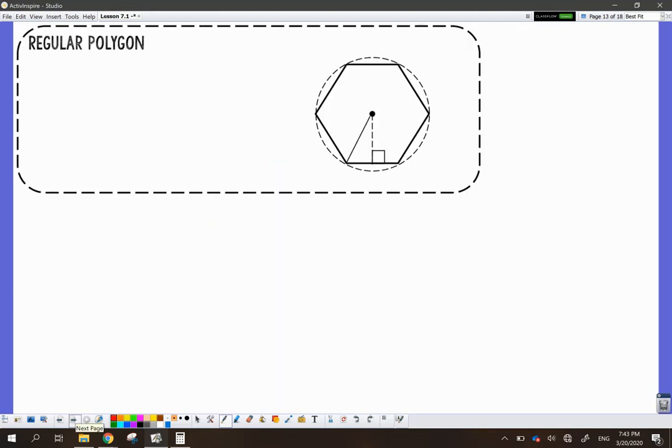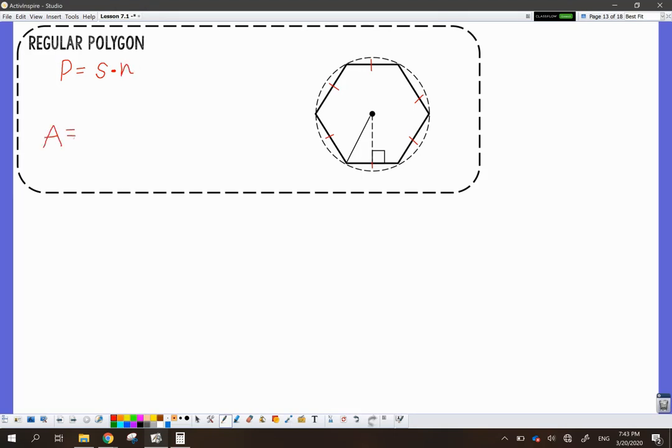Let's continue. So on a regular polygon, remember that the perimeter for a regular polygon, knowing that all sides are congruent, then to find the perimeter, all I need to know is the side length times the number of sides.